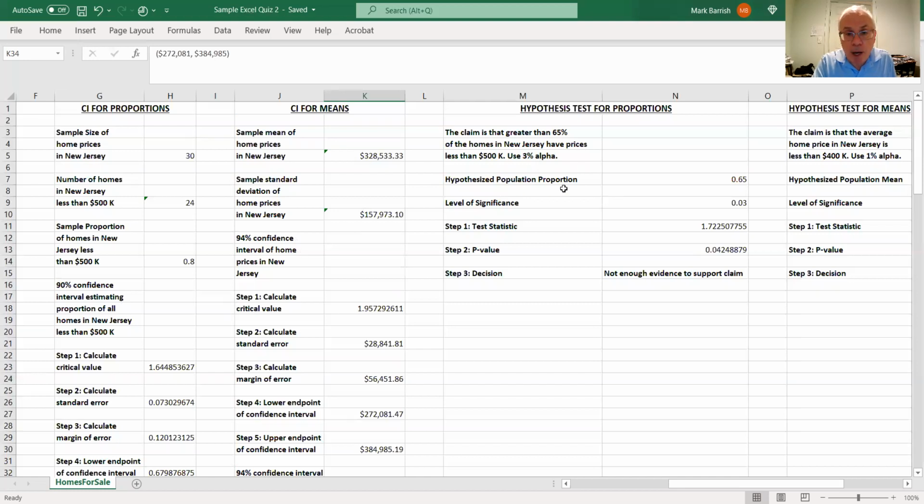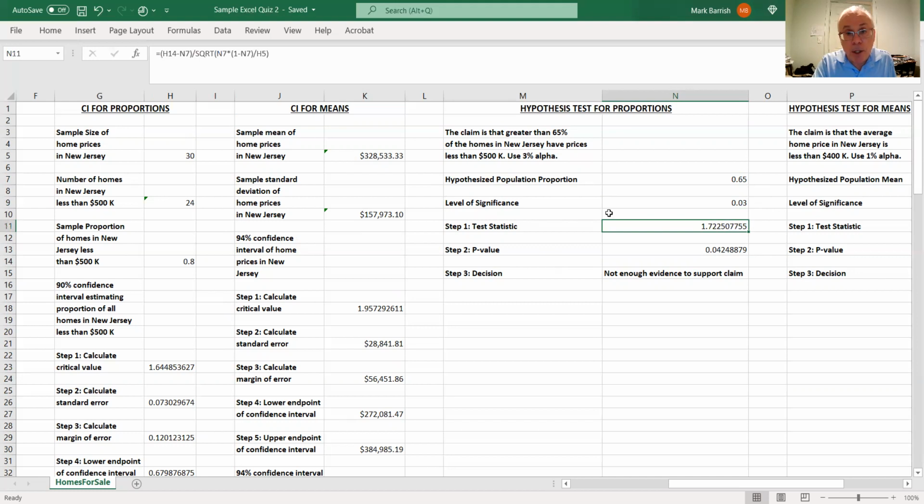So the hypothesized population proportion is going to be 0.65. All right. Level of significance, 0.03. It says 3% here, and you're going to change it to 0.03, put the number in there. Both of these numbers don't refer to any formulas. You actually type these in as decimals. So those obviously have to be decimals.